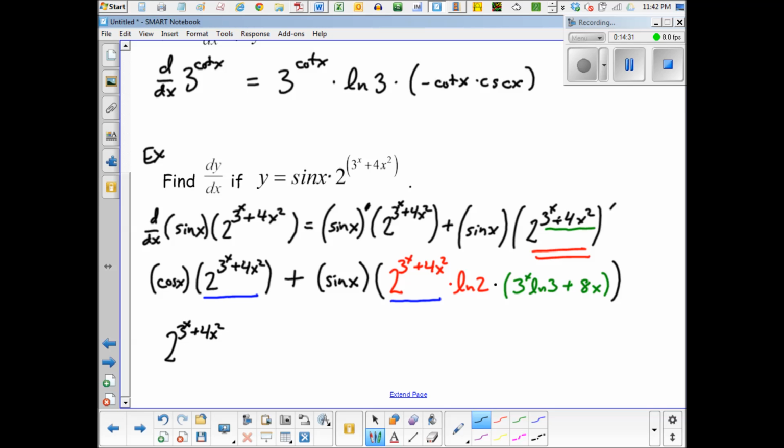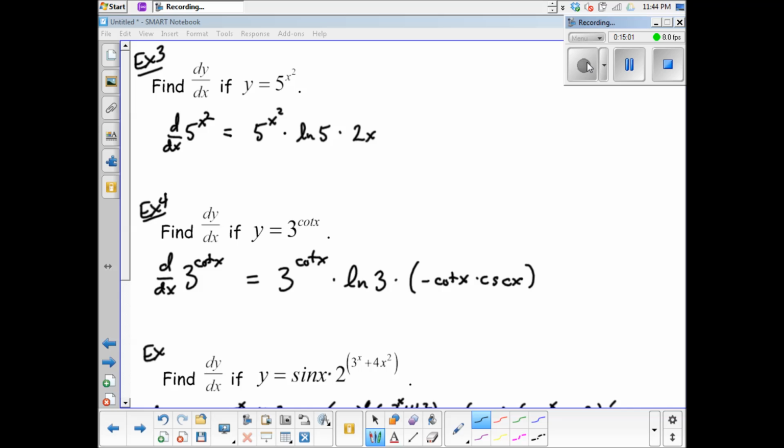We have a cosine x plus a sine x times an ln 2 times, and then we have a 3 to the x ln 3 plus 8x. I don't know why we took that out. It didn't really make it look that much greater, but it is interesting that we can take it out.